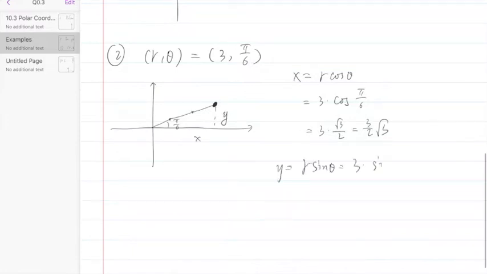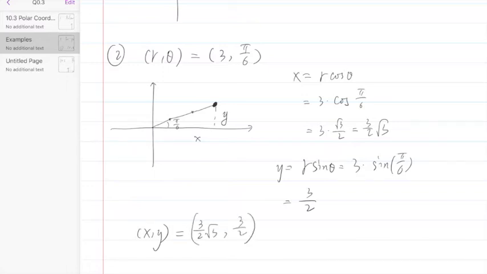That would be your x. Your y is going to be r sine theta, which is 3 sine pi over 6, which gives you 3 times 1/2, which is 3/2. So together, your xy coordinate for this one is going to be 3 over 2 square root of 3 for x, and 3 over 2 for y.